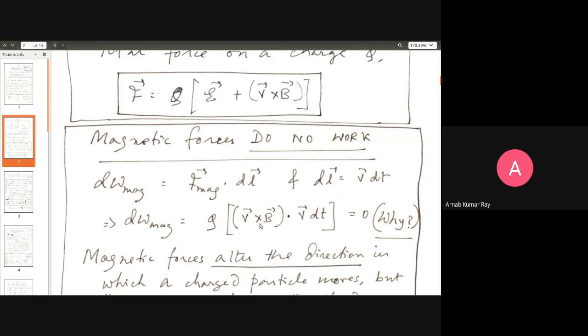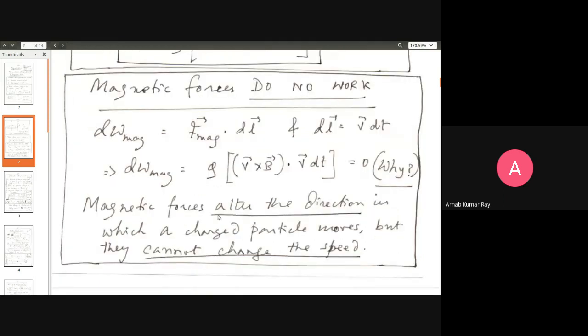The angle between the two of them is 90 degrees. So cos of 90 degrees will be 0. So that is the answer.